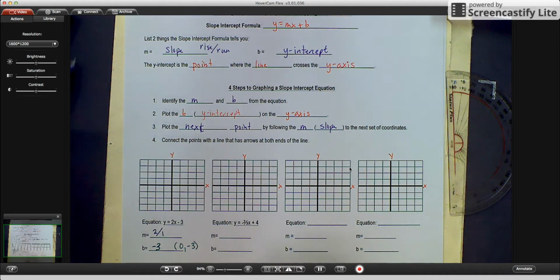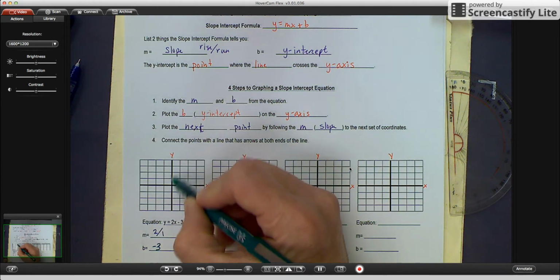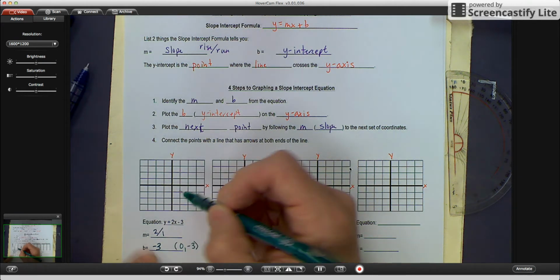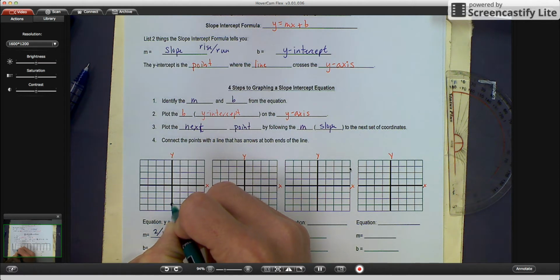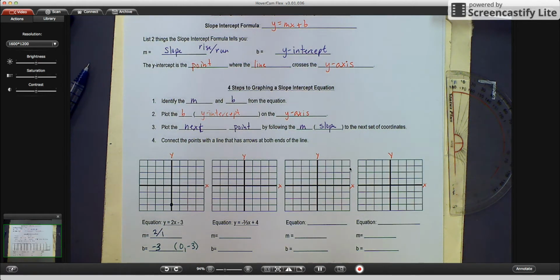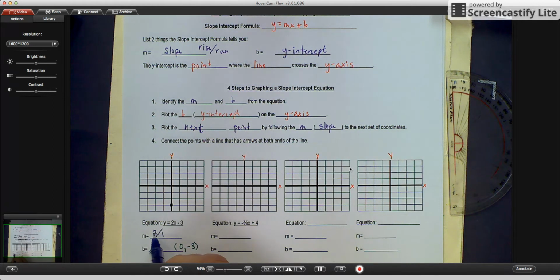Okay, the second step says plot the b, or your y-intercept, on the y-axis. Well, I know my y-axis is here, and I know my b is negative 3. So at the origin is 0, 0. I'm going to go down 1, 2, 3 to a negative 3. And then my third step says plot the next point by following the slope. My slope is 2 over 1.